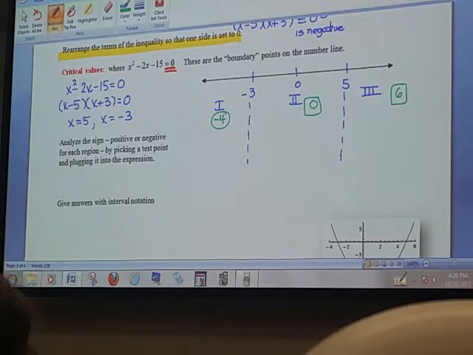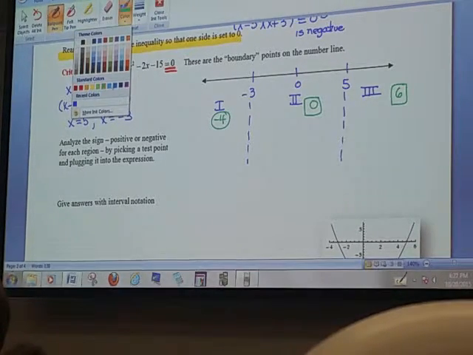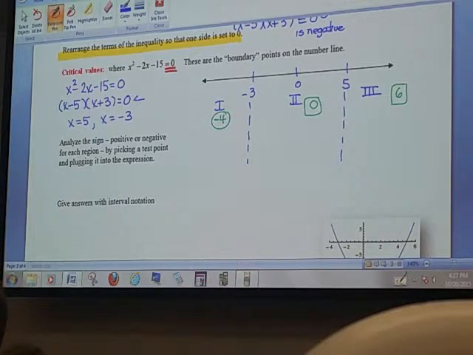And now I'm going to plug these numbers back into my original polynomial and see if it gives me a positive answer or a negative answer. Now, if I'm plugging them in, I usually plug them in to here, the one where I factored it, because it makes it easier to calculate.